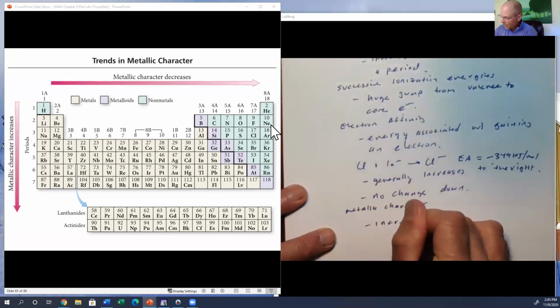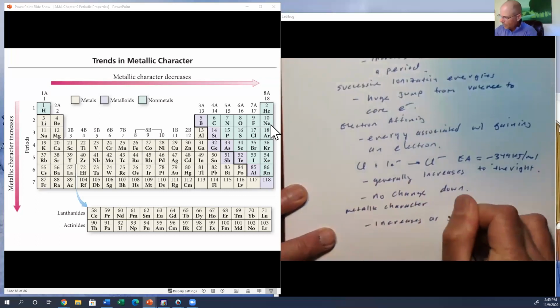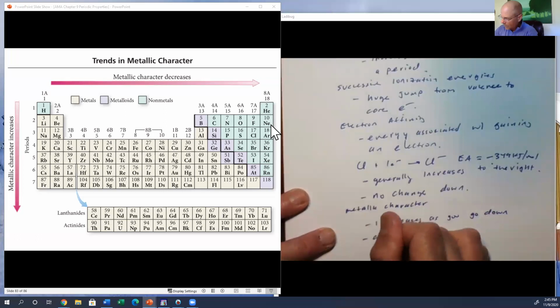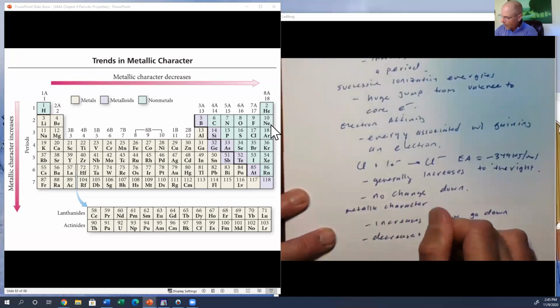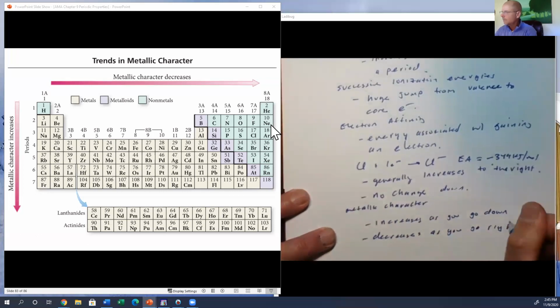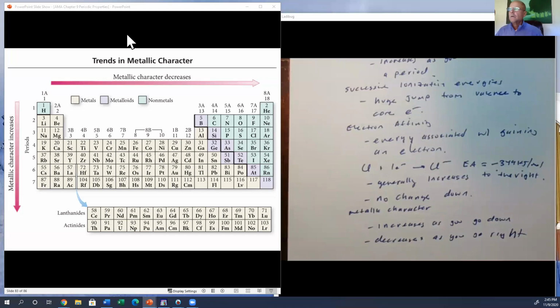So metallic character increases as you go down, and decreases as you go right. That's why all the nonmetals are over here in the upper right, and all the metals are over here in the lower left.